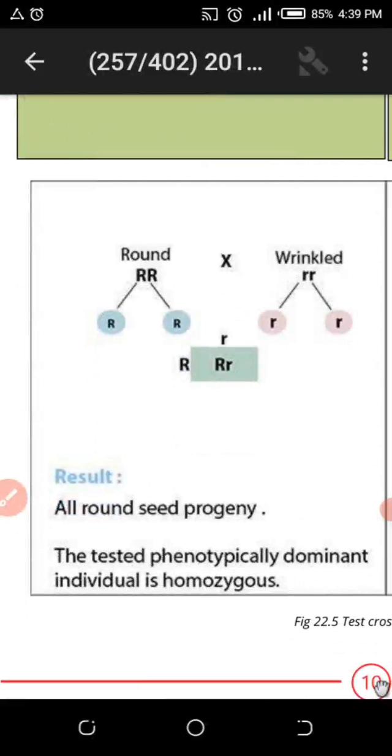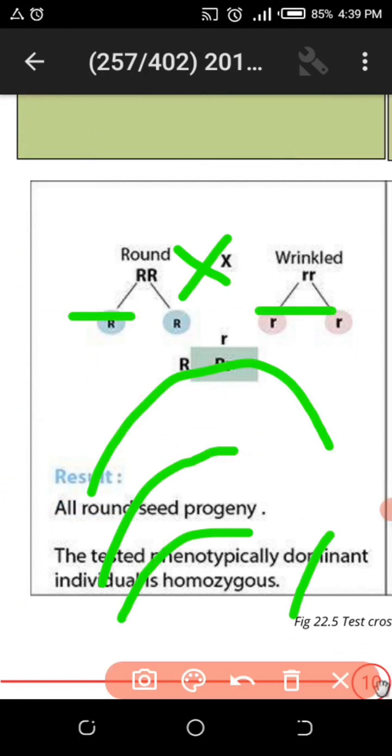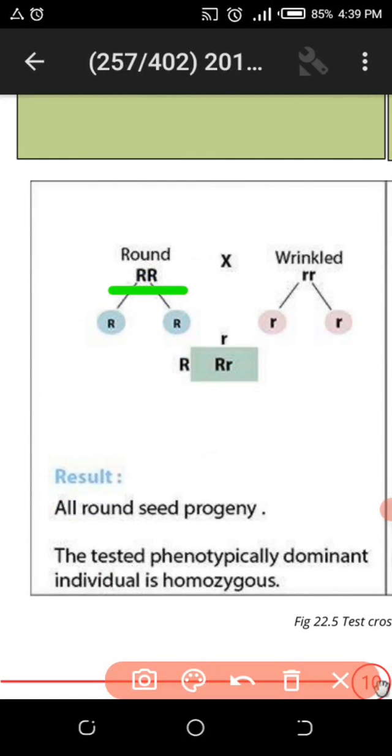Look here, we know the round genotype, capital R, small r, but we don't know the genotype. Because there are 2 genotype possibilities, capital R capital R is also round, capital R small r is also round. So you will check by crossing with wrinkled, with the recessive. So you will cross the dominant generation with the recessive generation.